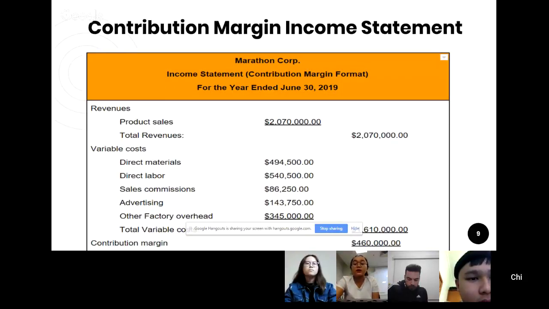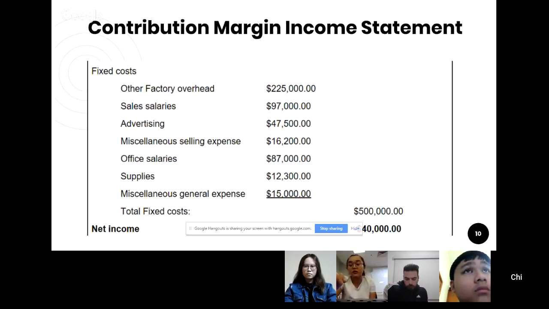Here from the slide we can see the total revenue, which is total product sales, minus the total variable costs from direct materials, labor, sales commissions, advertising, and other factory overhead, equals the contribution margin of $460,000.